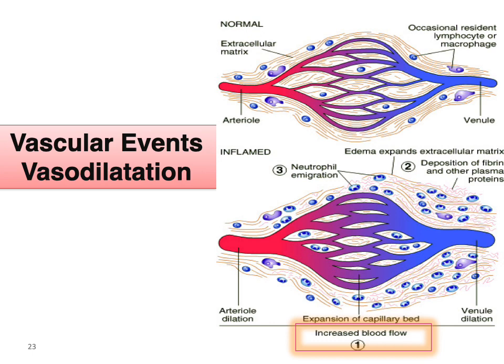Now, PAMPs are recognized by certain receptors within the body, and this is found in the endothelium, in the blood, called TLRs, toll-like receptors.